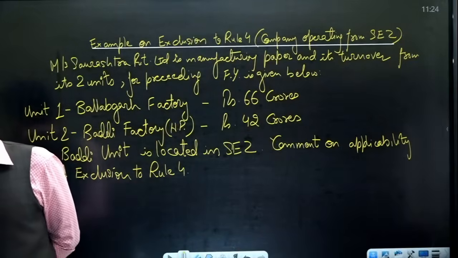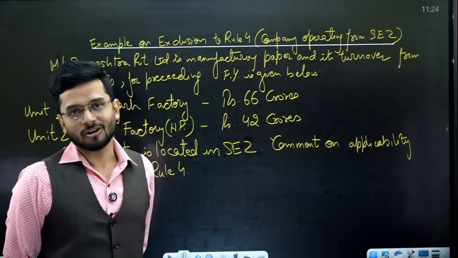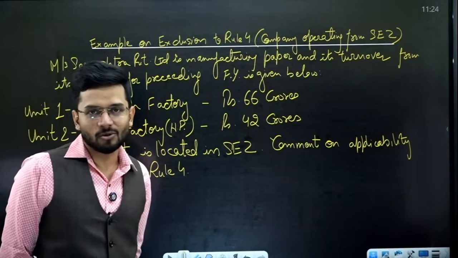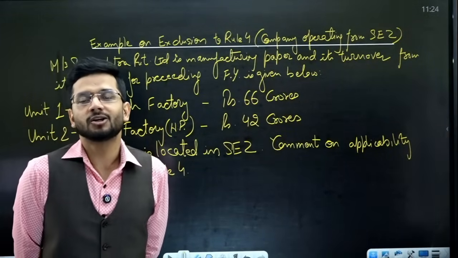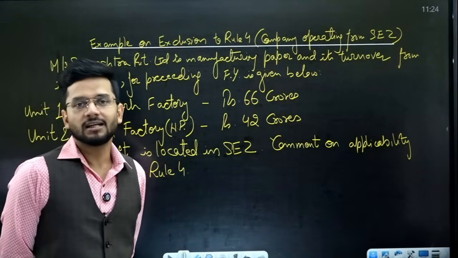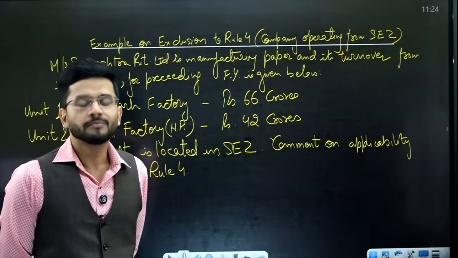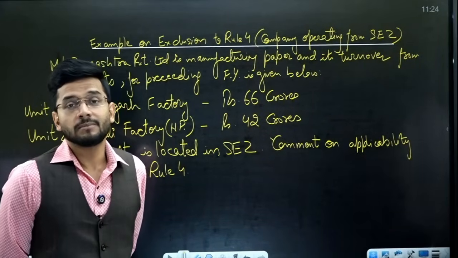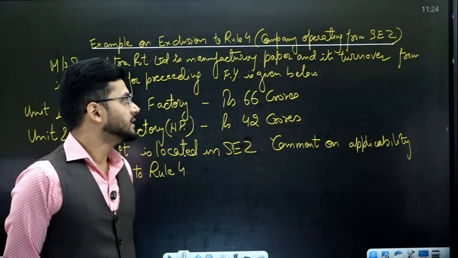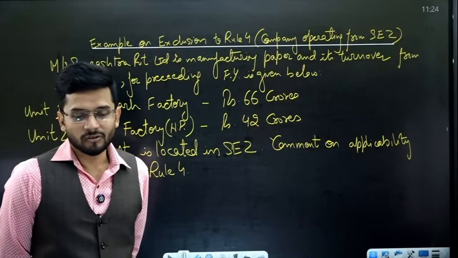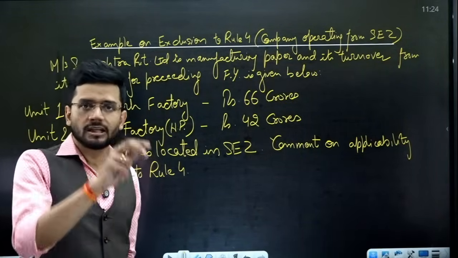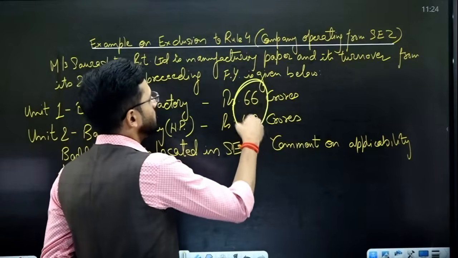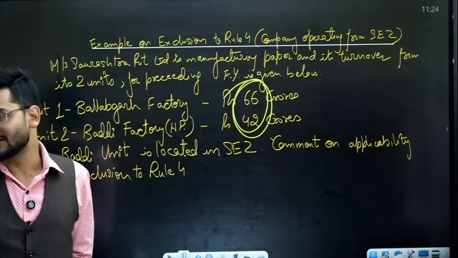First of all, let's see if the criteria is met or not. Yes, the overall turnover of the company is more than 100 crores. So yes, the first criteria is met. And the second criteria for table B products is that the turnover of rule 3 products, which means this and this, should be more than 35 crores.